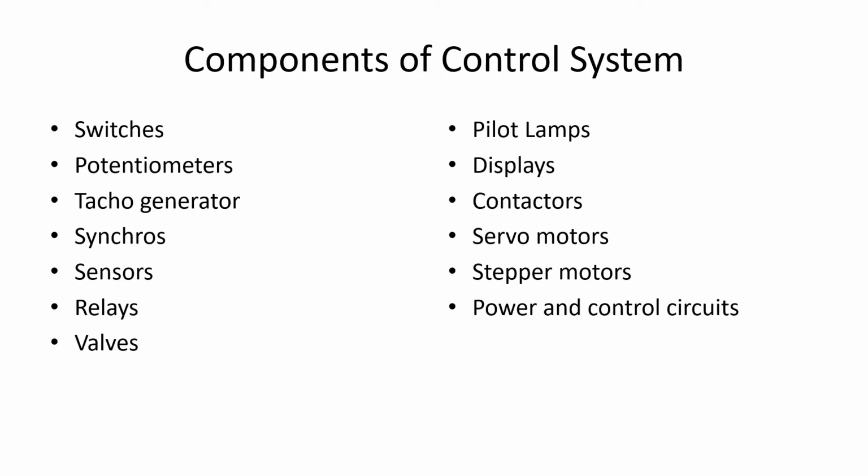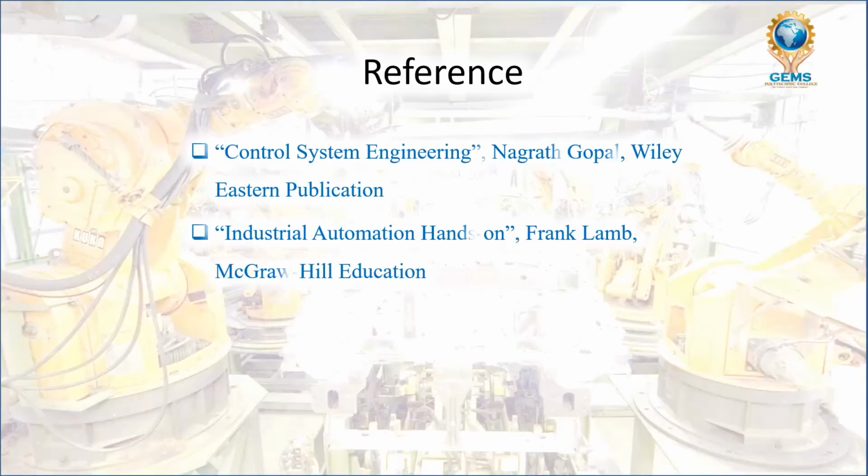Apart from this, we require power and control circuits, and these are the components of a control system. The reference books are Control System Engineering by Nagrath and Gopal, then Industrial Automation Hands-on by Frank Lamb.